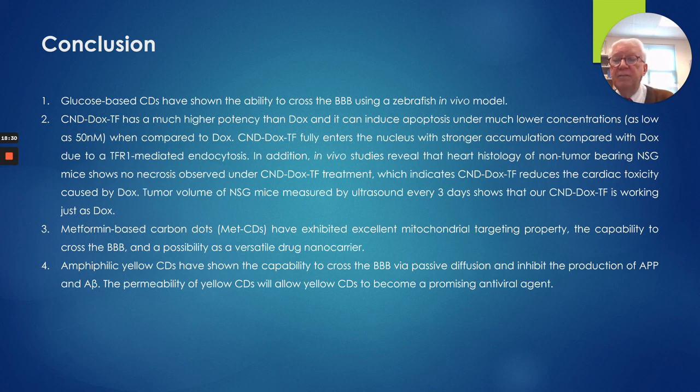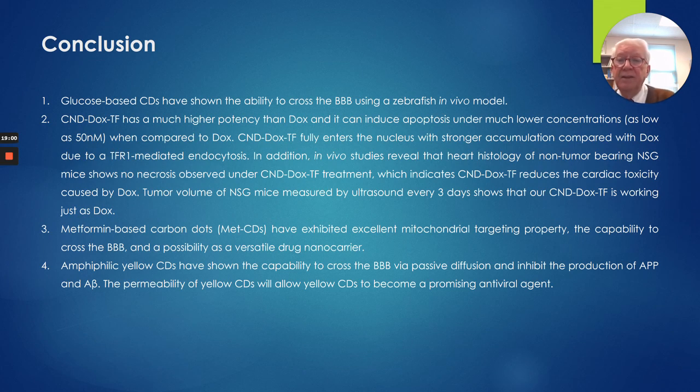Transferrin is used because for many cancer cells we have overexpression of the transferrin. That's the reason why this is so efficient. The third part is related to metformin, a new preparation, and this metformin carbon dot really targets mitochondria specifically. So there is a possibility to apply it as a drug nanocarrier specifically for mitochondria.